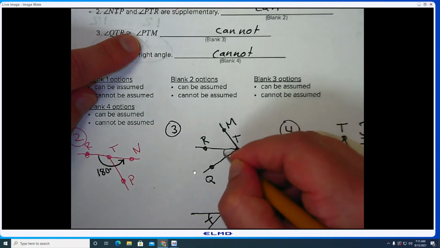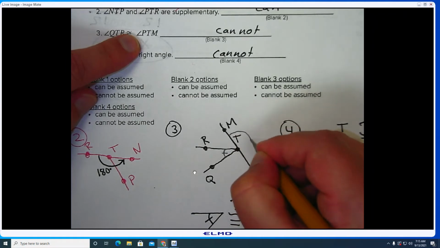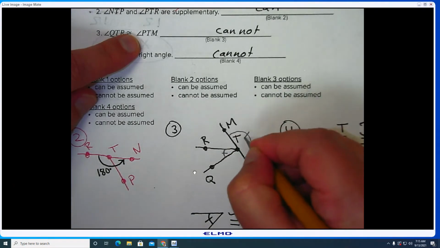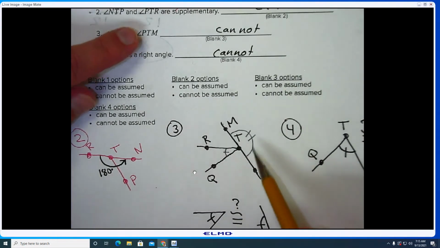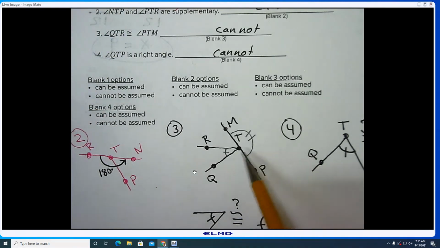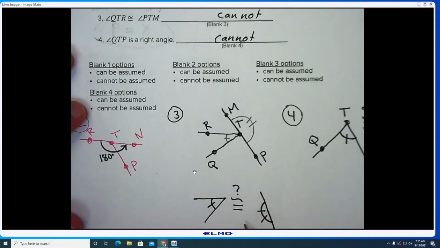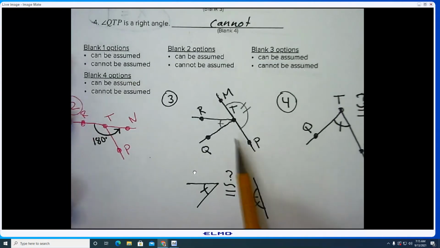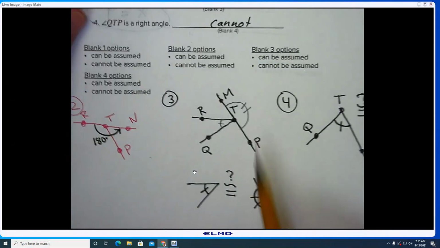So does this angle right here look like it's the same as this angle right here? Okay. Now I'm just putting the double tick marks and the one tick mark because it does not look like these are the same. We cannot assume that. Okay. Visually, it doesn't look like it's the same. Cannot.